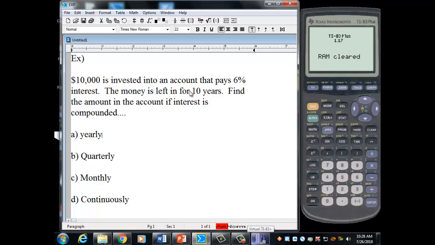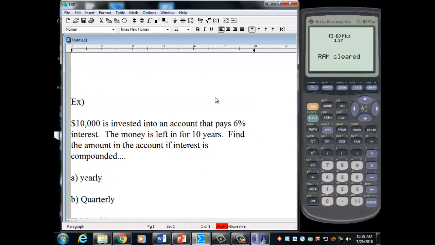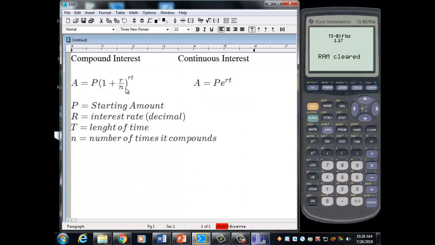So we got $10,000. We're going to invest into an account that pays 6% interest. The money's left in there for 10 years. What's the total amount that you've earned? If you're going to do that yearly, you're using this formula here, where yearly is N, that's 1.